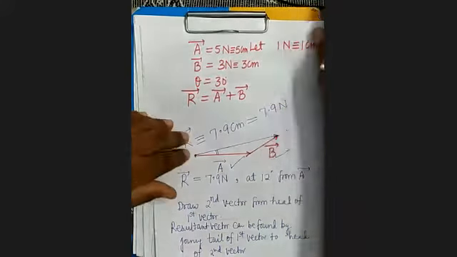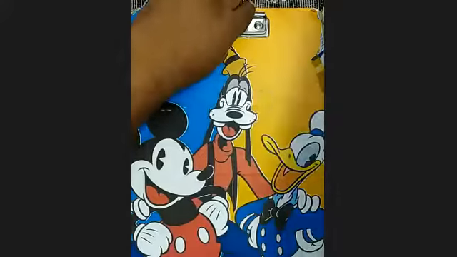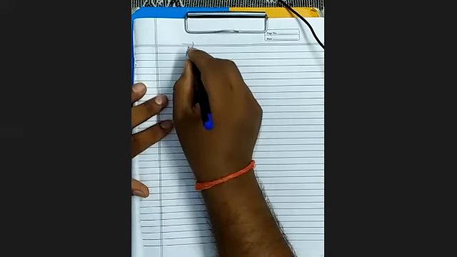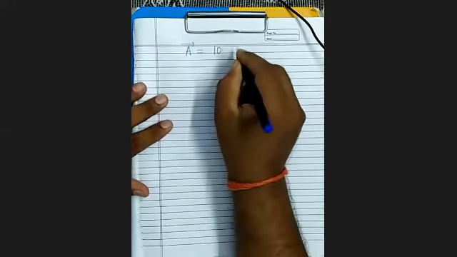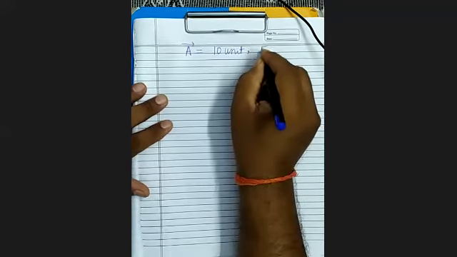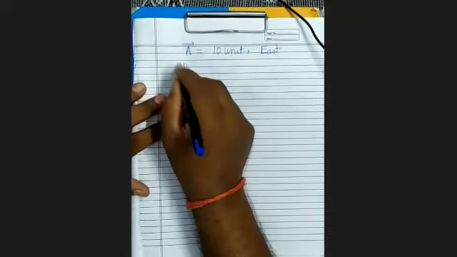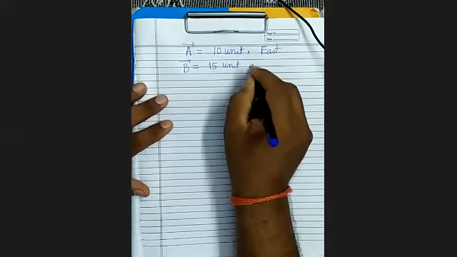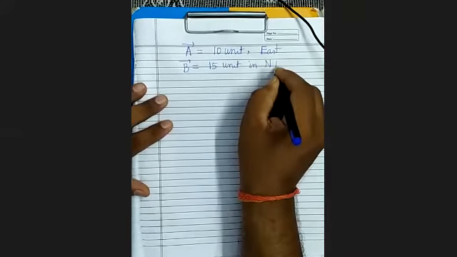Now I am explaining one more. Suppose it is given vector A equals 10 units in the east direction, and vector B equals 15 units in northeast direction.